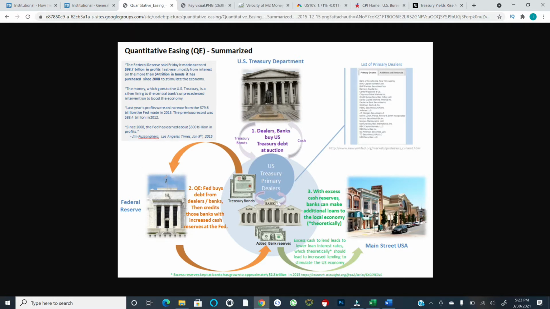Those bank reserves, think of them as liabilities from the Fed to the commercial banking system. So there's not literally money going from the Fed over to the bank, let's say Morgan Stanley. What's simply happening is that the reserves that Morgan Stanley has at the Fed are being increased by the amount of the treasury securities being purchased by the Fed.